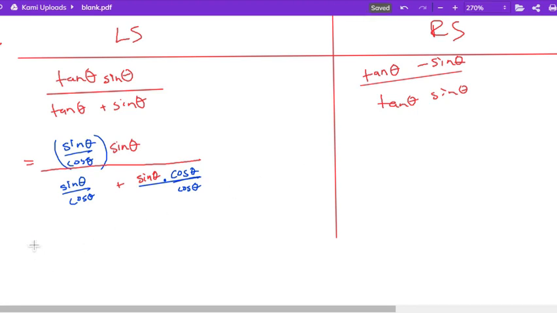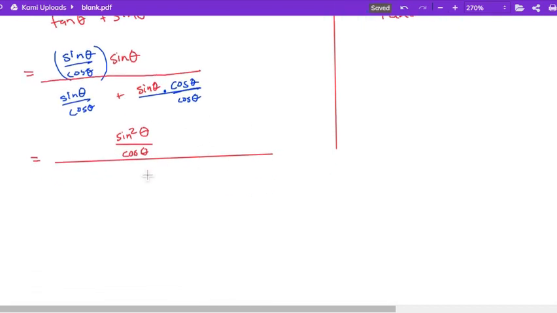So in the numerator, I've got sine squared theta over cos theta. In the denominator, I have a nice denominator of cos theta. Now, folks, you may have noticed this. When you have a rational expression, i.e. a fraction, and both the numerator and denominator have the same denominator, so they both have cos and cos, what's going to happen to those two coses?